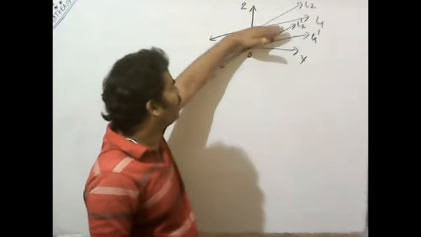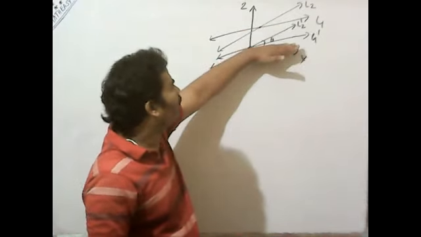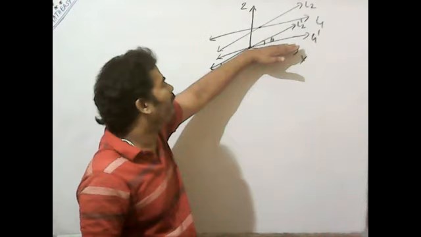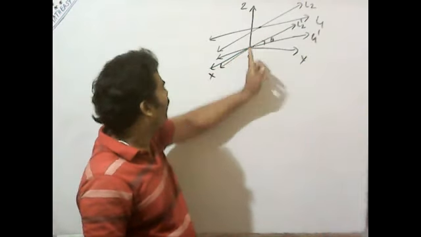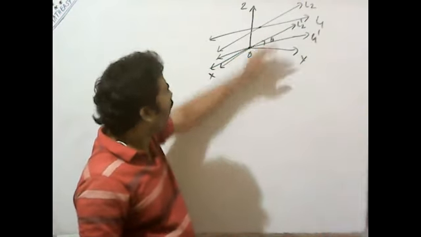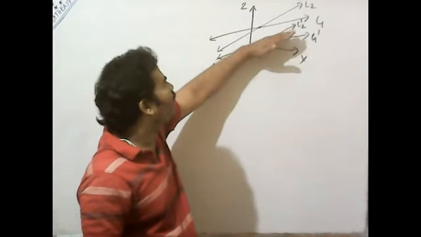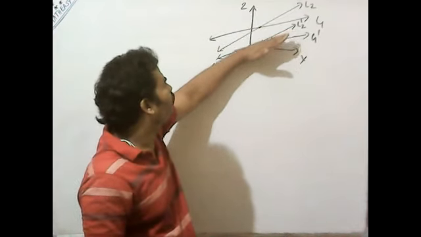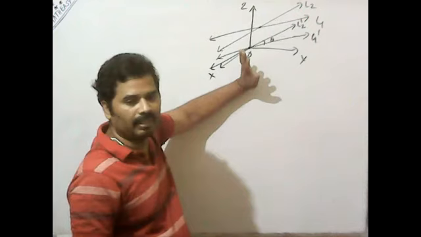We have to draw, along with L1, another line L1 dash, a parallel line passing through the origin. Along with L2, another parallel line L2 dash, also passing through the origin.